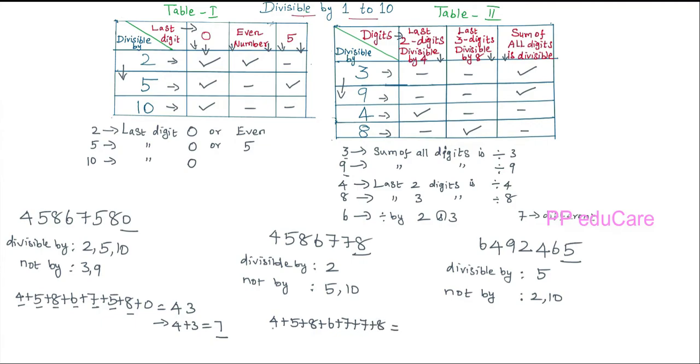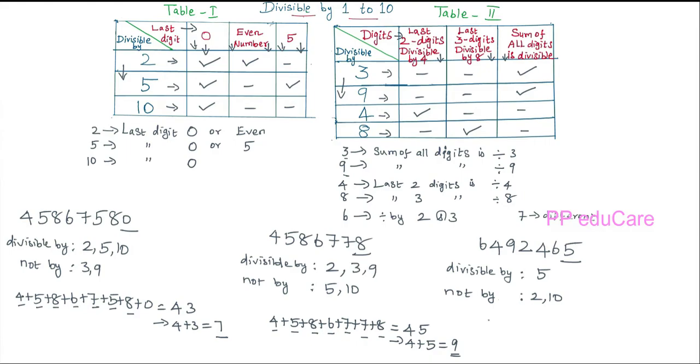The sum is 4, 9, 17, 23, 30, 37 and 45. 45. Again 4 plus 5 is 9. This 9 is divisible by both 3 and 9. So therefore the second number is divisible by 3 and 9.